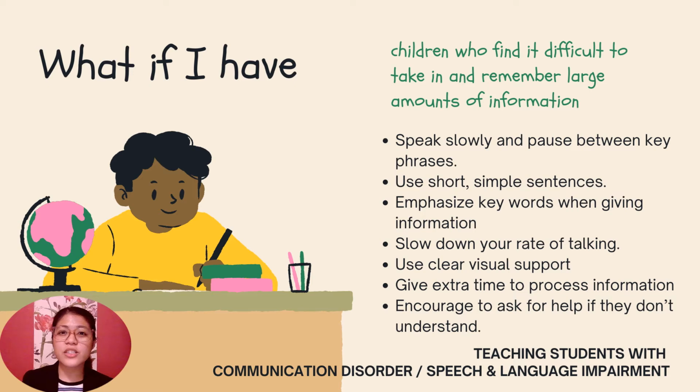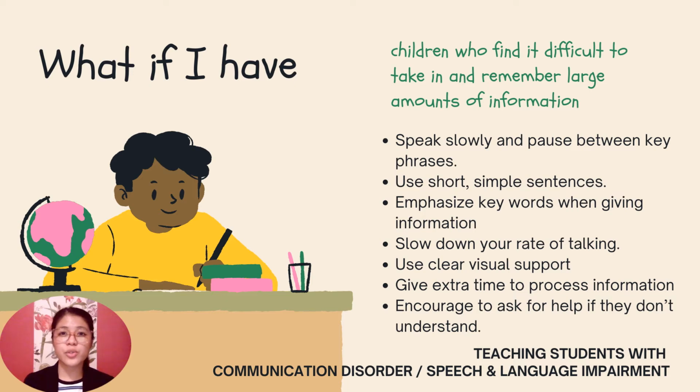For example, the teacher can give instructions, but before that, he or she must emphasize keywords that are already more familiar to that student, for that student to focus on those keywords.